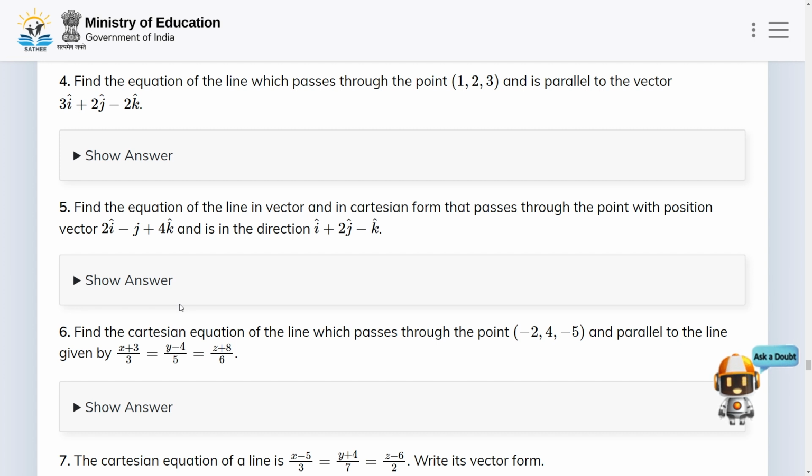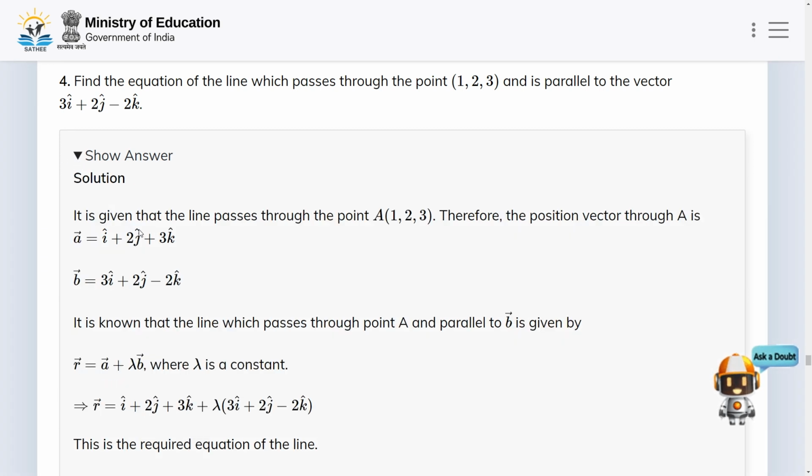Very easy. i hat plus 2j hat plus 3k hat, and then plus lambda times this vector, you will get your required equation of the line in vector form.